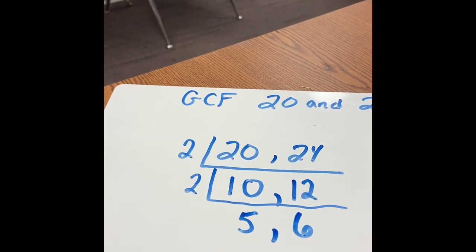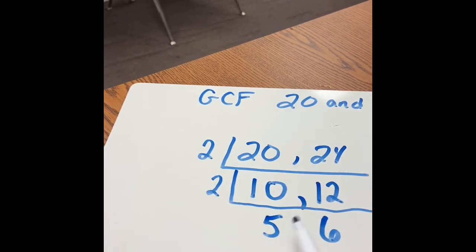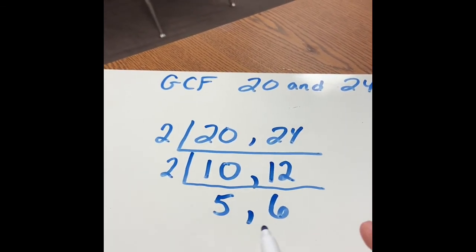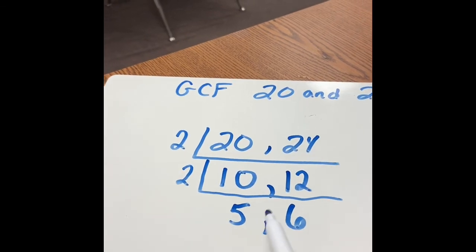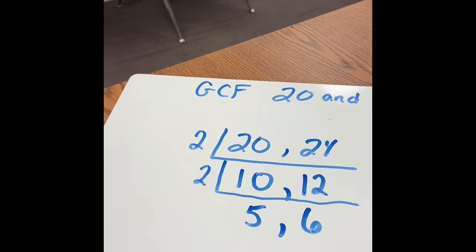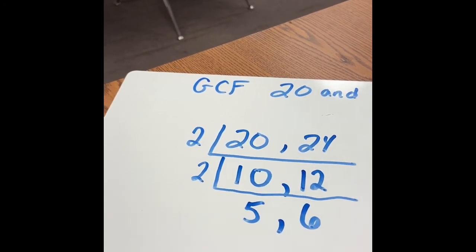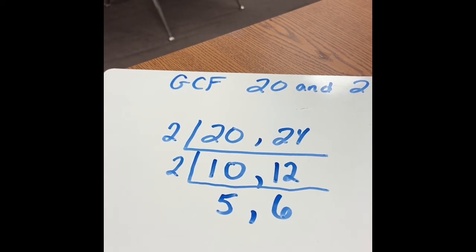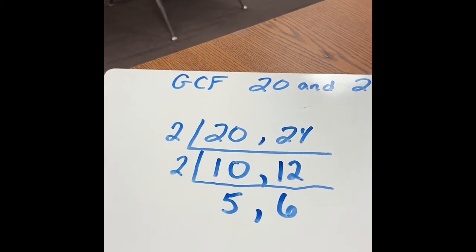Now, do 5 and 6 have a factor that can go into each one of them without it being 1? There isn't, is there? So that means we are finished, okay?